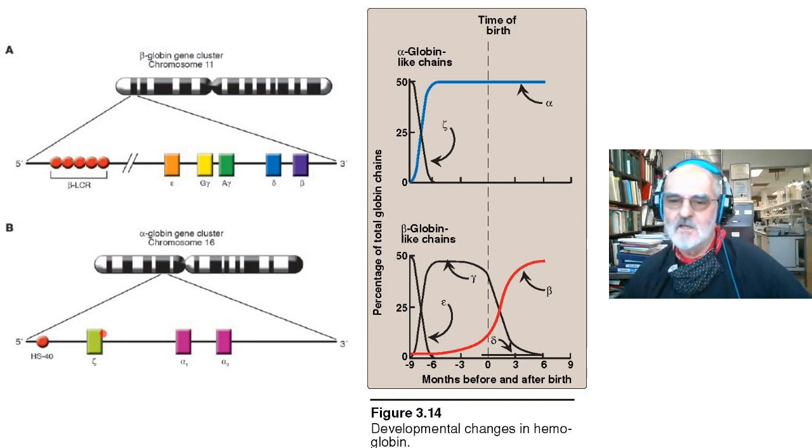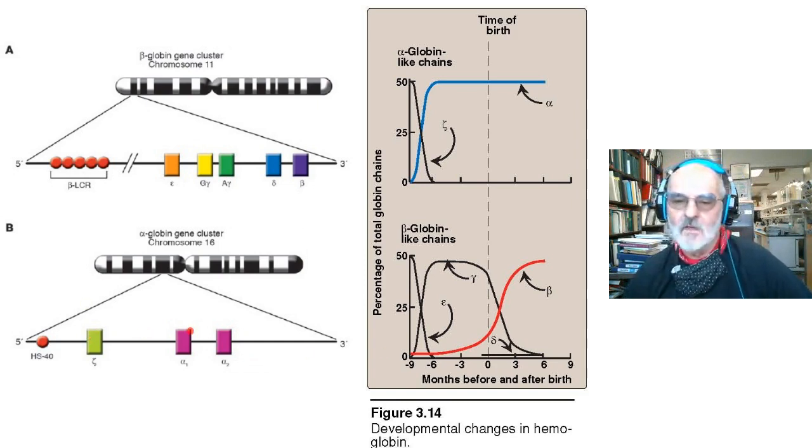And then the alphas are similar. There's an embryonic form, I call this symbol psi, and then there are 2 alpha forms called alpha that come up early during fetal development, and then those are the ones that persist. This organization, it turns out, organizes the genes in their order of expression.